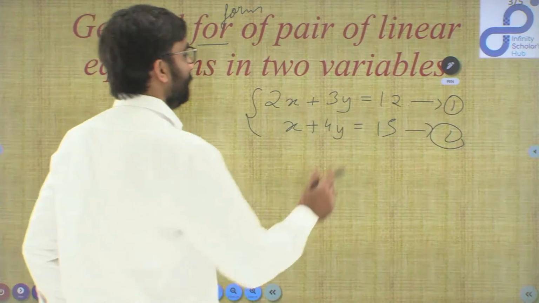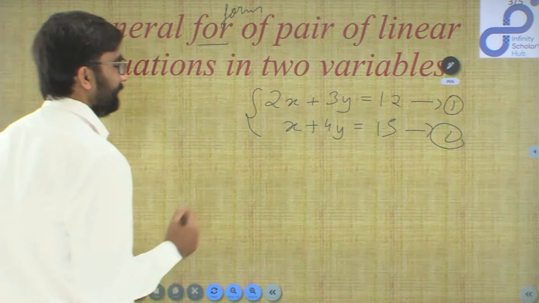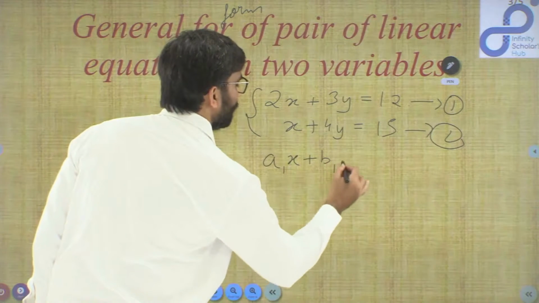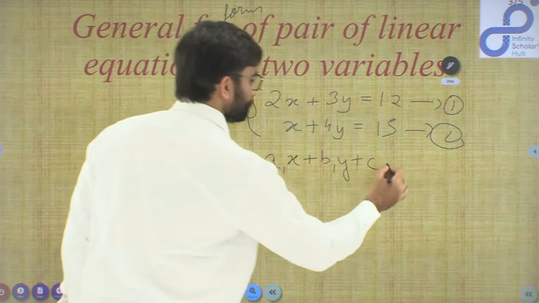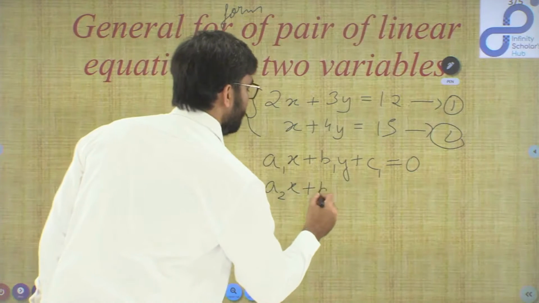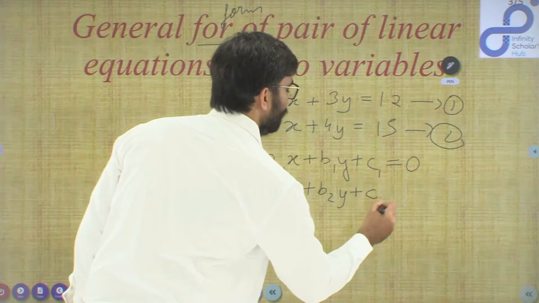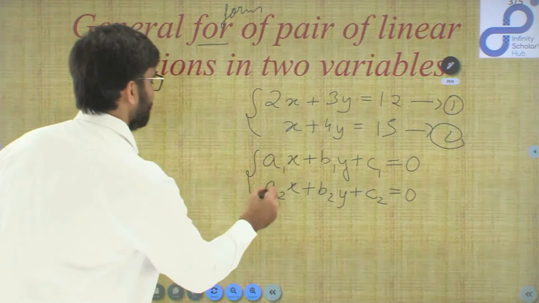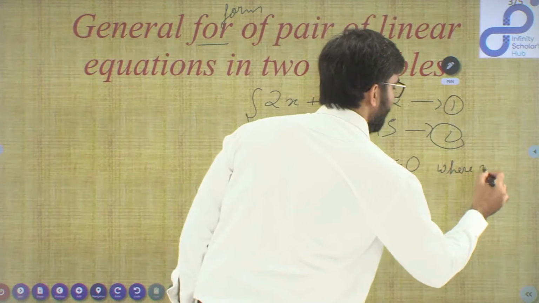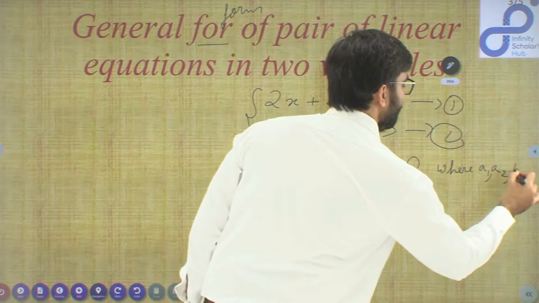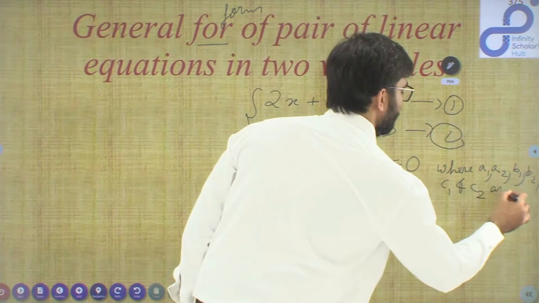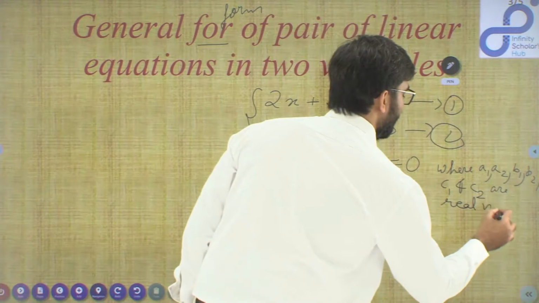Now coming back to the general form of this type of linear equation, the general form is a1x plus b1y plus c1 equals 0 and a2x plus b2y plus c2 equals 0. This is the general form of pair of linear equations, where a1, a2, b1, b2, c1 and c2 are real numbers.